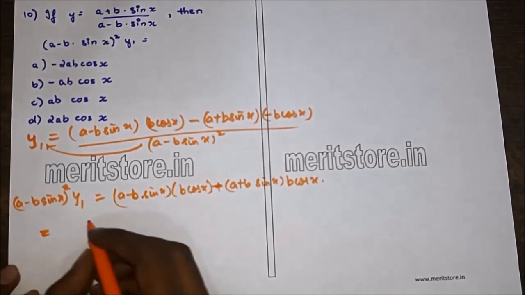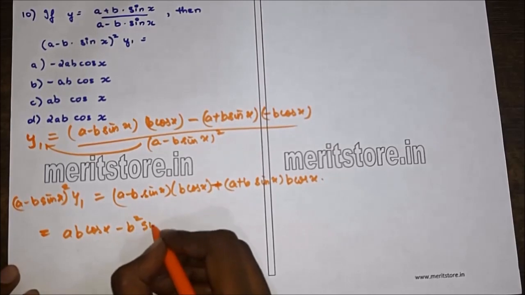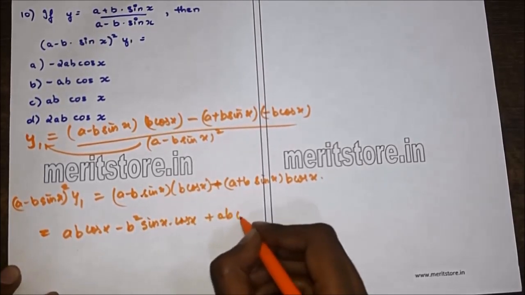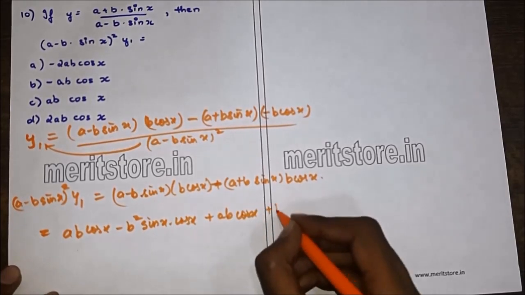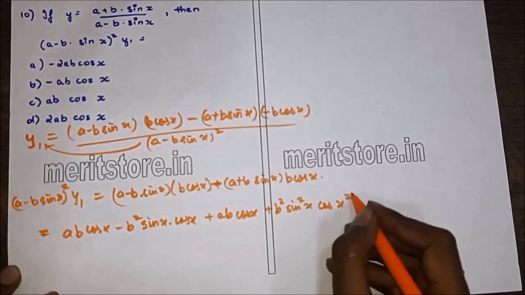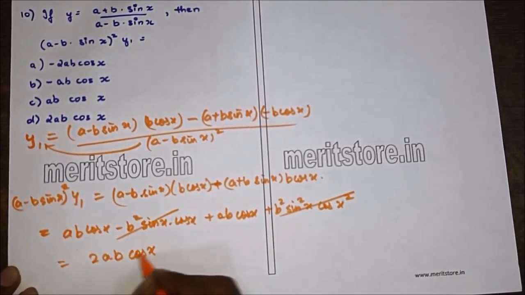Expanding the brackets, we get ab cos x minus b square sin x cos x plus ab cos x plus b square sin x cos x. This term gets cancelled, we are left with 2ab cos x, which is option D.